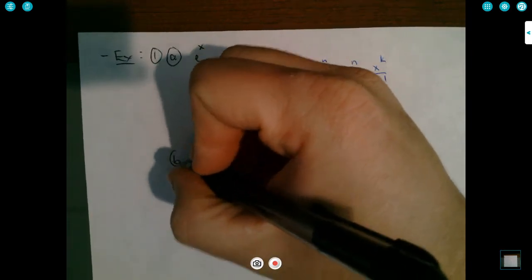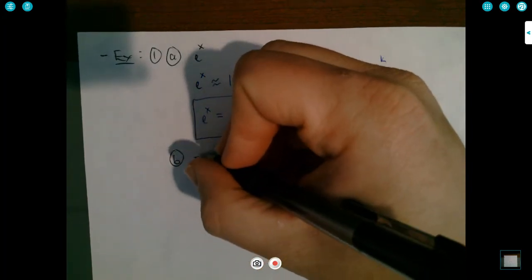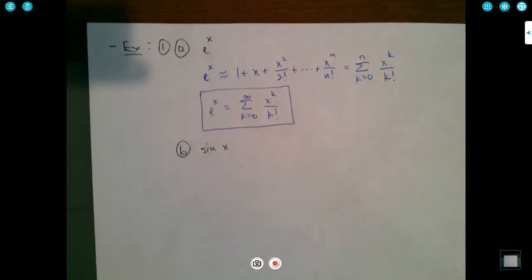We want to do the same thing for part B, which was sine x.